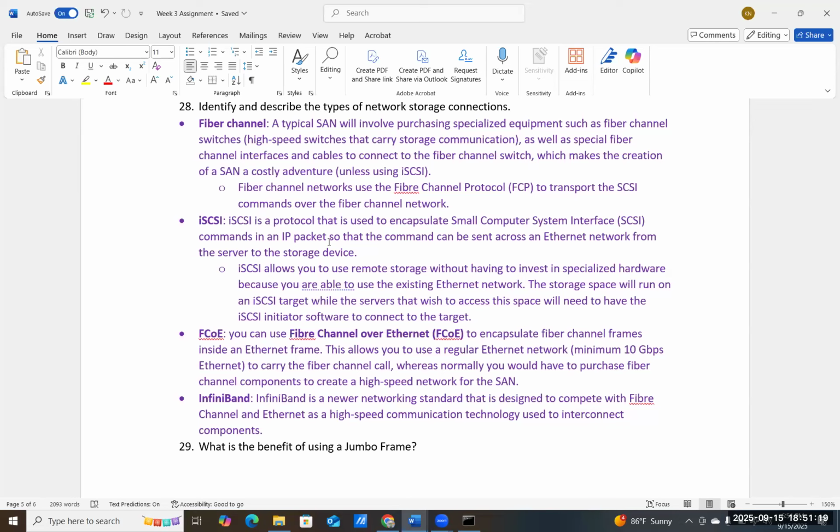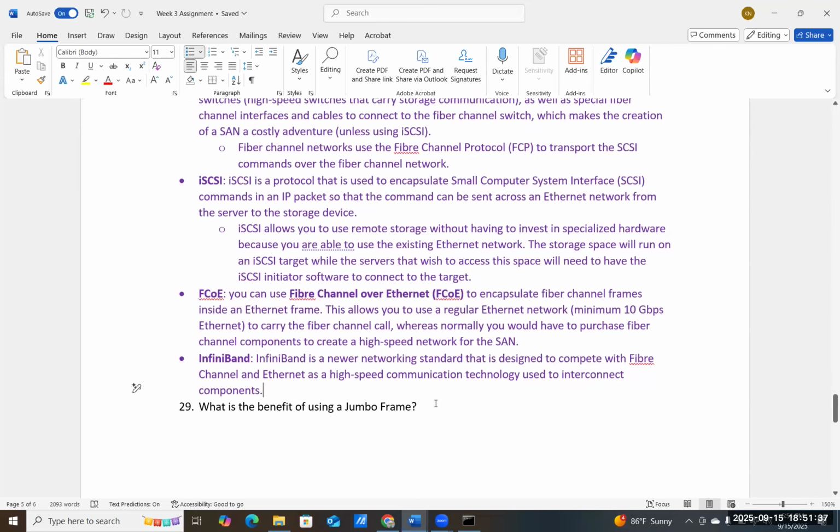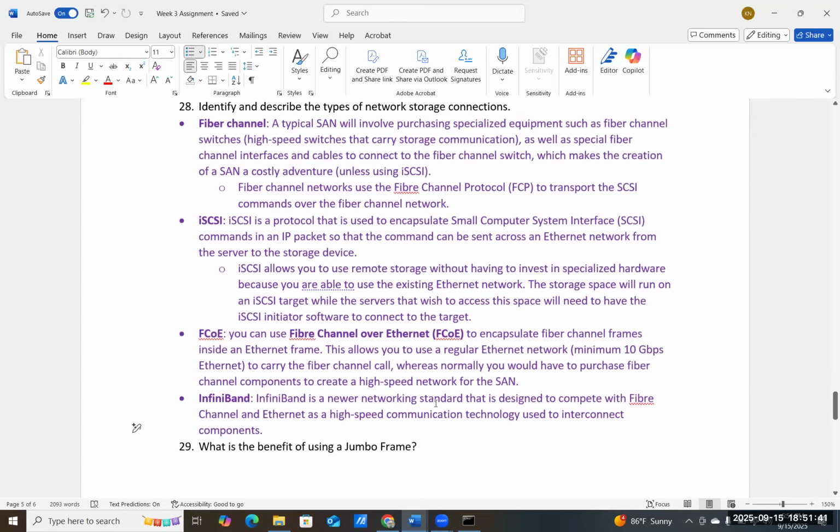So you want high speed, and if you are running AI, you want ultra high speed, and that costs more money, right? Different appliances, higher throughput. So all of these things are options with your network storage.